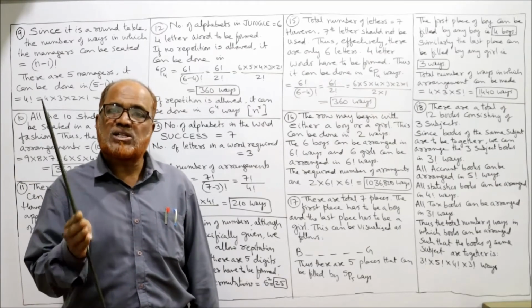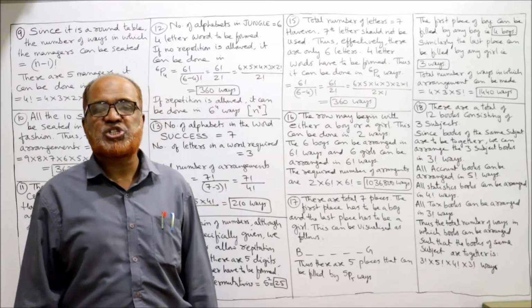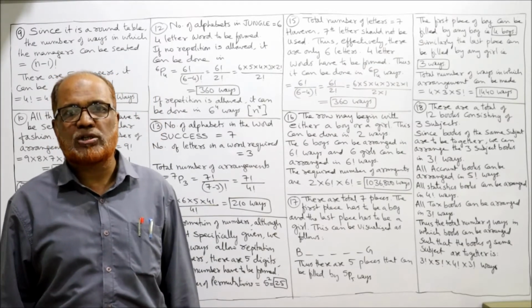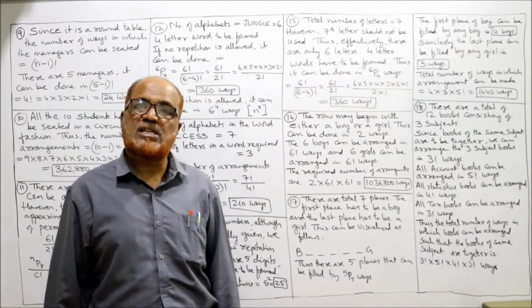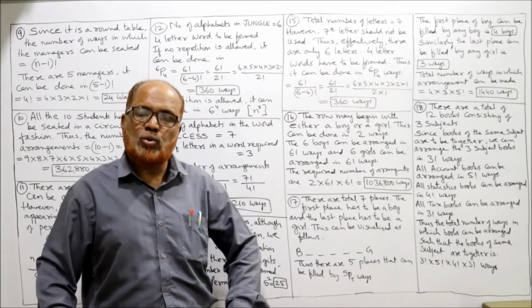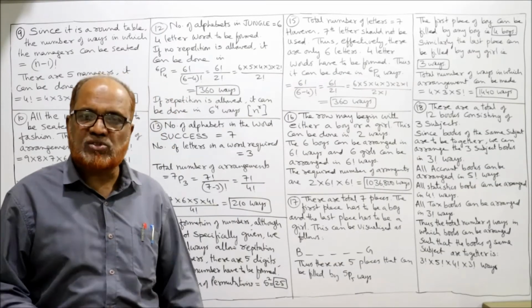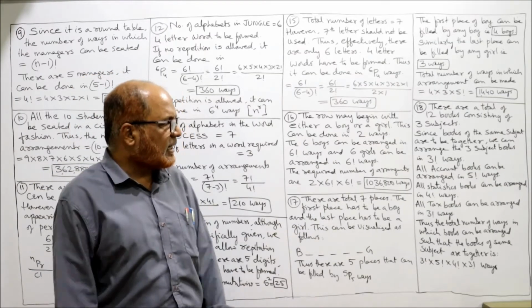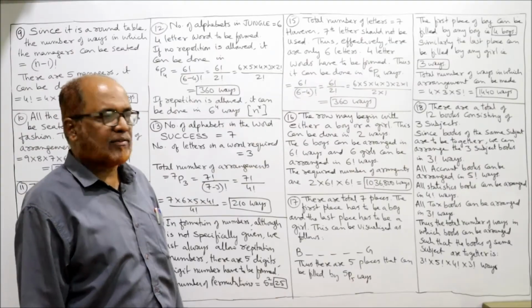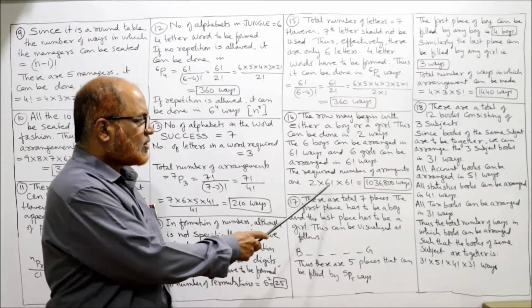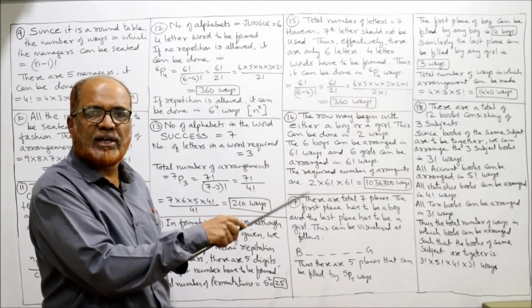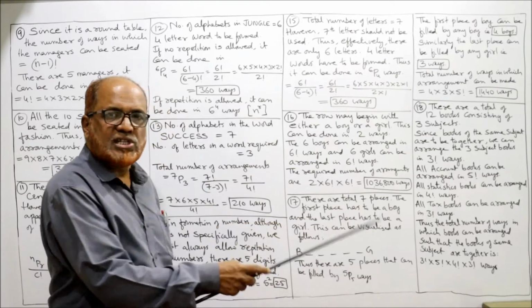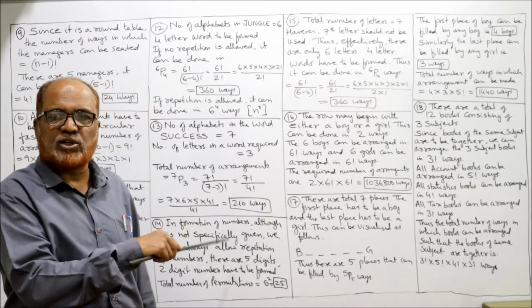Then we have 6 factorial ways in which 6 boys can be arranged, and 6 factorial ways in which 6 girls can be arranged. So the total number of ways is 2 into 6 factorial into 6 factorial. That comes to 10,36,800 ways. Right? 6 factorial means 6 into 5 into 4 into 3 into 2 into 1. Similarly here also 6 factorial, 6 into 5 into 4, 3, 2, 1.